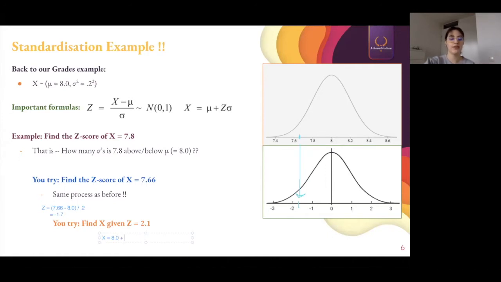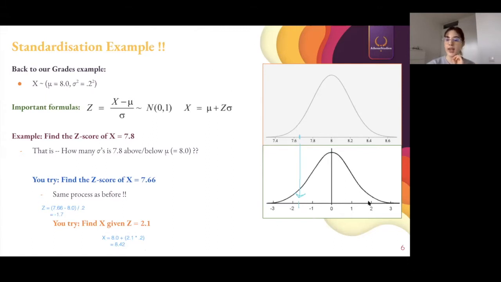Our z given in this example is 2.1, and we multiply that by the standard deviation of 0.2. If you plugged it in correctly, you would get that x equals 8.42. So in this case, we have basically unstandardized it from a z-score. Whenever we draw this one out visually, I'm going to use a different color.